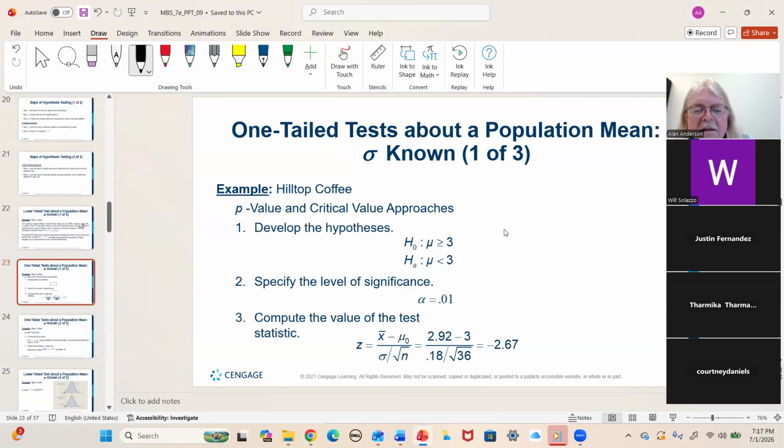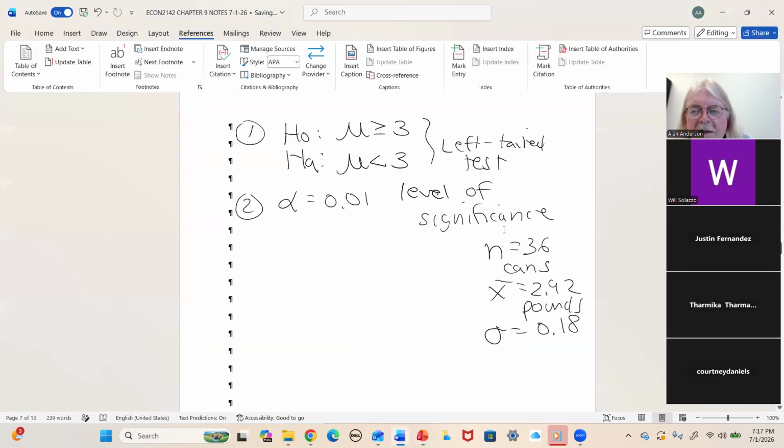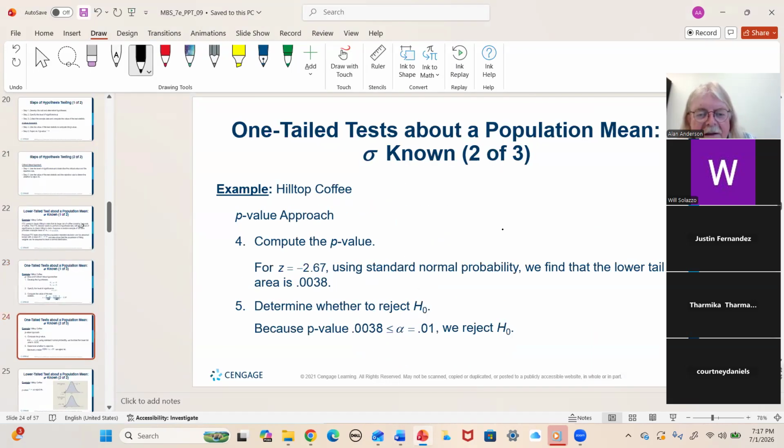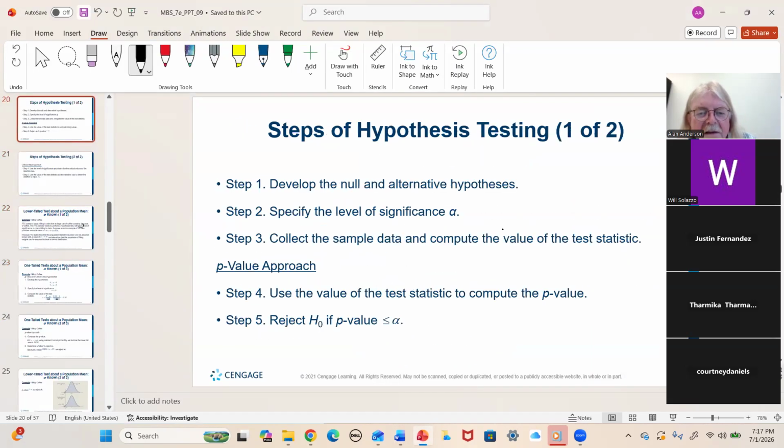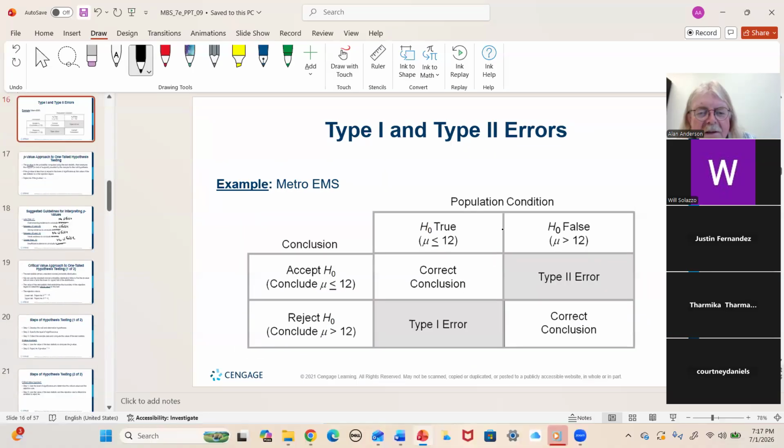Now, the test statistic is what comes next. Now, it looks like they just sort of sneaked that in there. I don't remember them showing it to us. What happened?